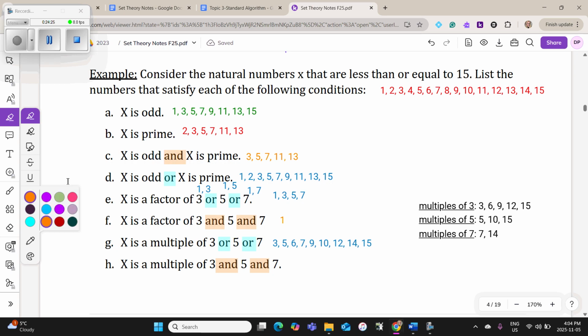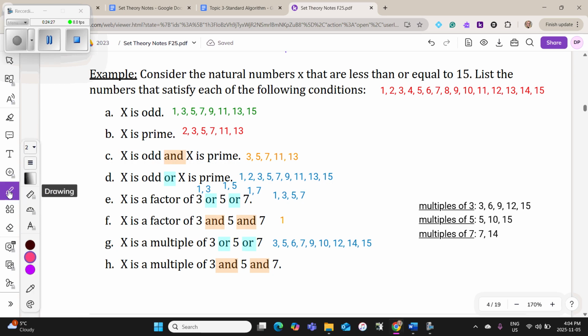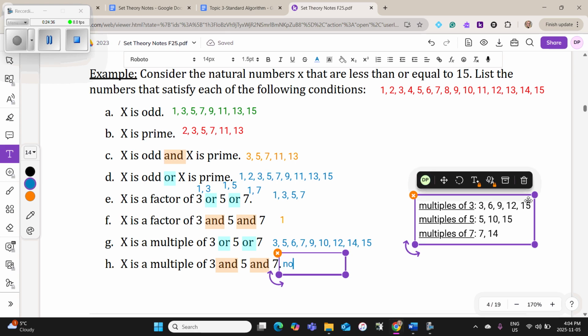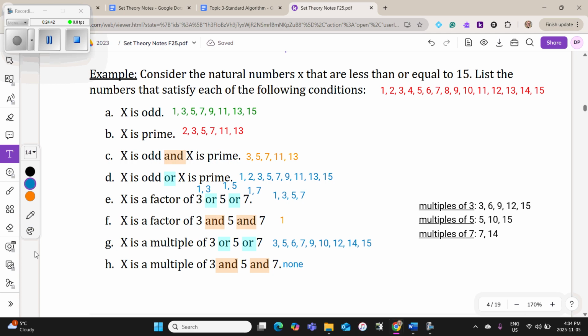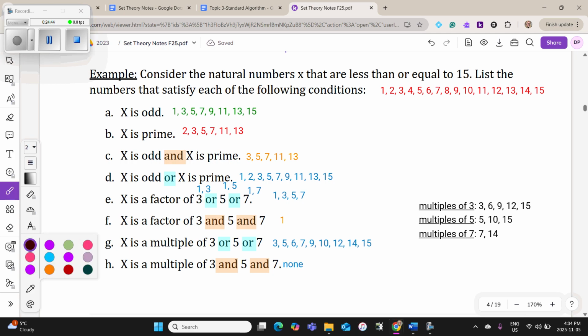There are no numbers that satisfy these conditions. So I'll put that down, and then next class we'll be talking about some of these in a little bit more detail. But if there's none, we would actually call this what's called the empty set. That is a circle with a line through it. We'll talk more about that. But there are no numbers that satisfy this because there's no numbers that are in all of those groups.